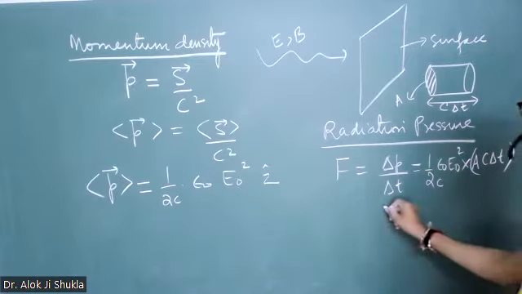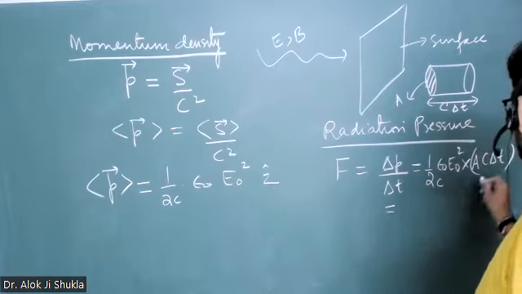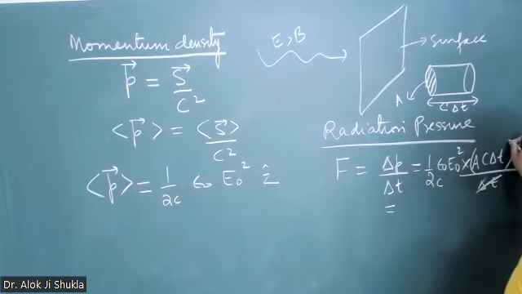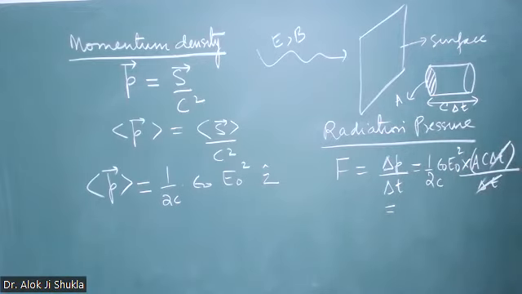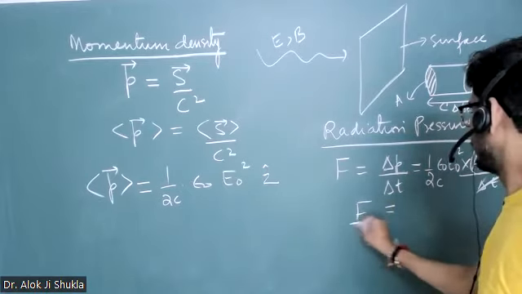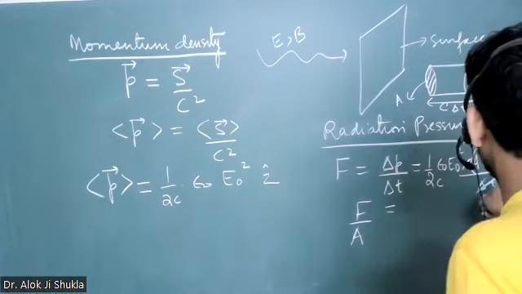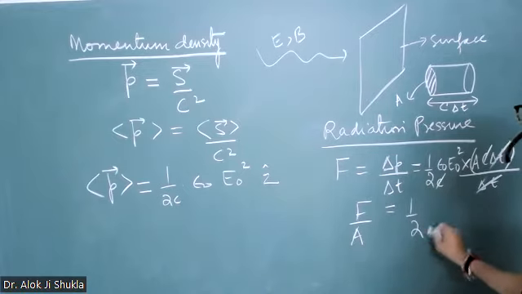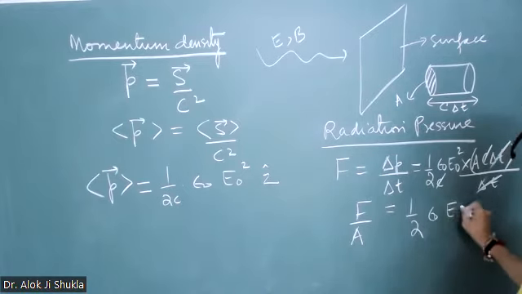So this will become by delta T. So this will cancel. And force will become, force by area will become how much? C and C will also cancel now. 1 by 2 epsilon naught E naught square.